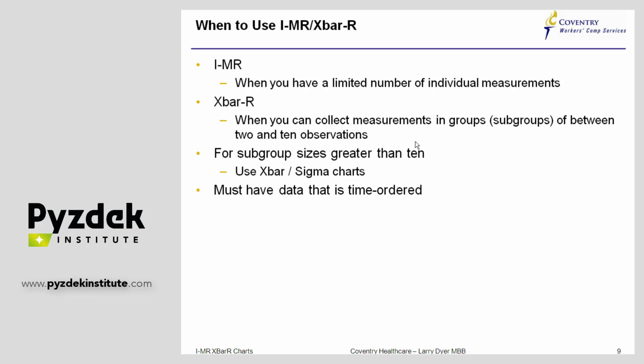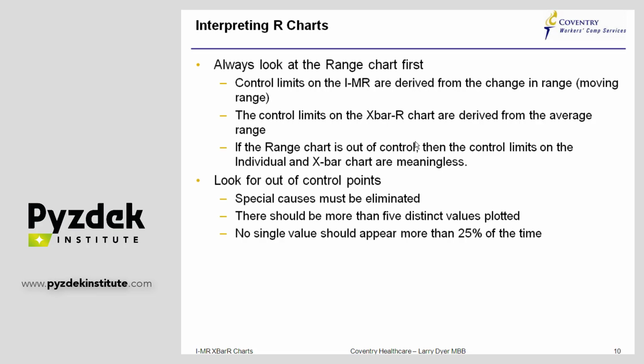Okay. So once again, the data is time ordered. The difference here between the IMR and the XBAR are individual measurements versus subgroup measurements. Pretty straightforward. So when you're interpreting these, you always start first with the R chart. Whether it's an IMR or the XBAR-R, you look at the R chart first, and you look at the control limits to see if the data is in control on the moving range chart.